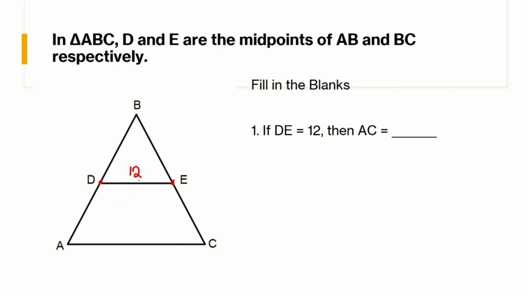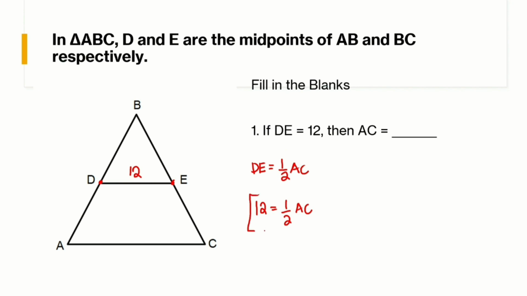Remember that segment DE is half the measure of segment AC. This is based on our theorem. Since we only have the value of DE, which is 12, we plug it here. 12 is equal to 1/2 multiplied by AC.